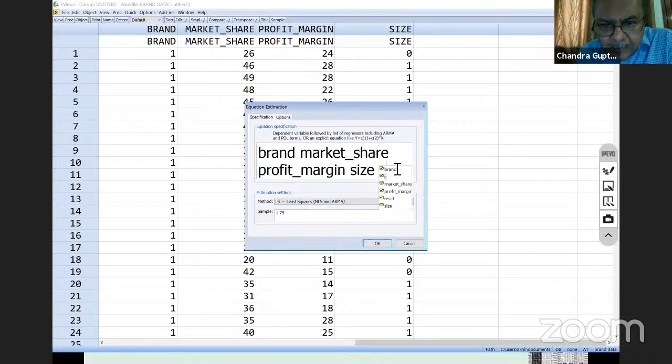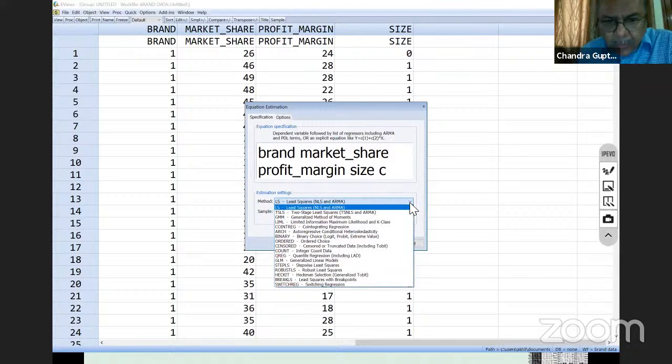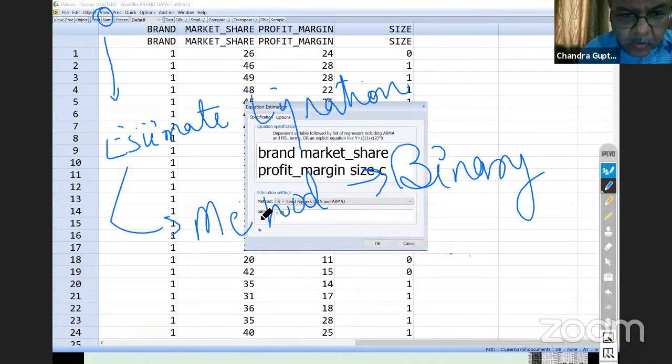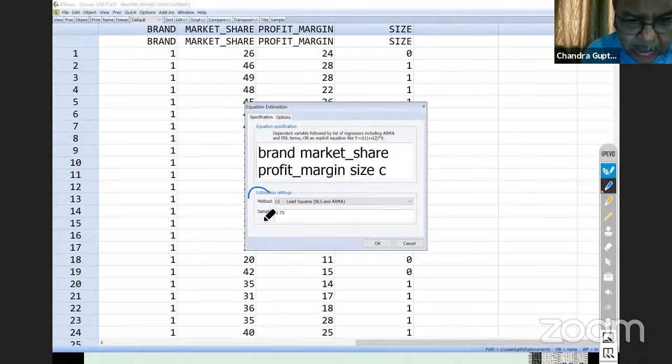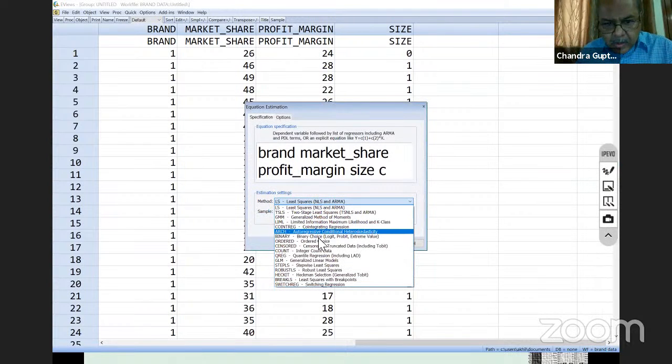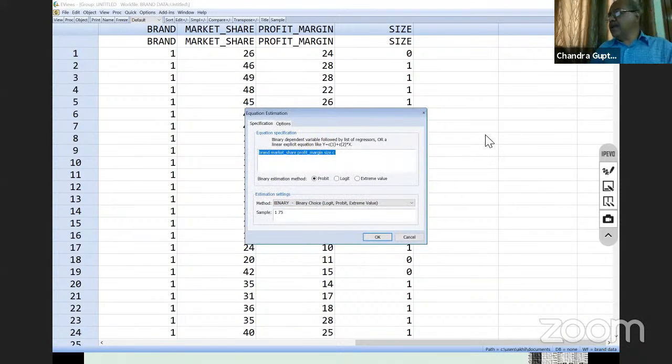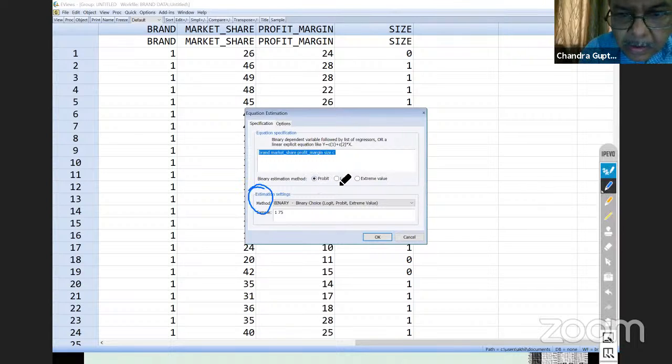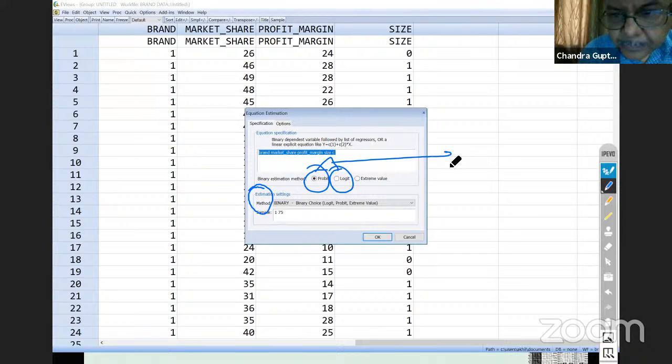Then you go to the methods and select binary, and the moment you select binary, it will give you the options probit and logit, and you pick any one of them and you will get it.